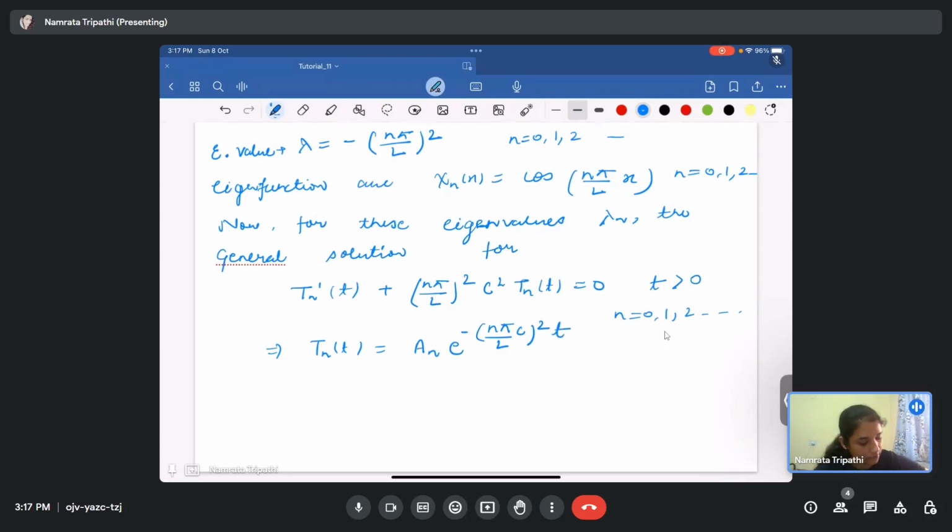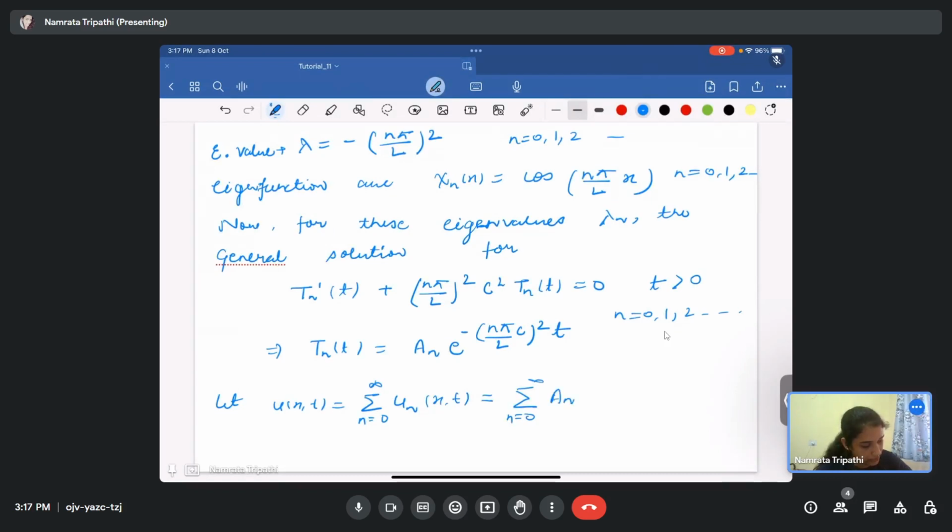So we can write u of x, t. Let u of x, t equal, by the principle of superposition, the sum for n from 0 to infinity. What is Tn?